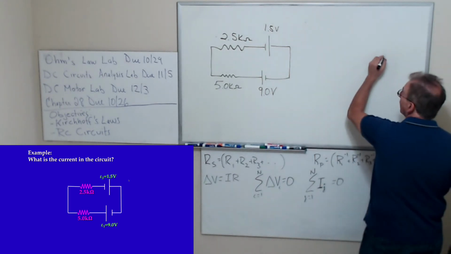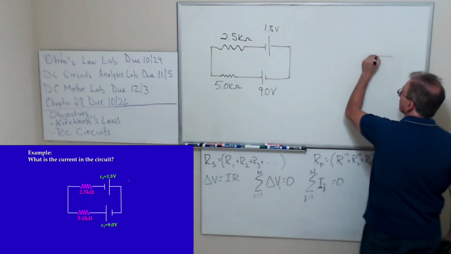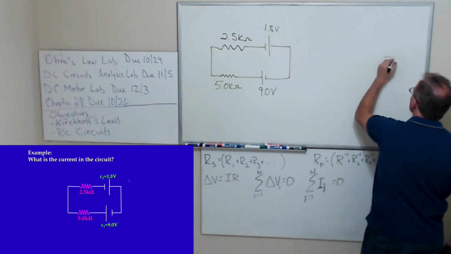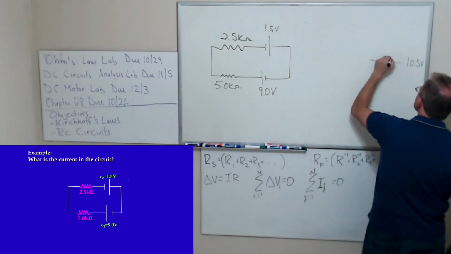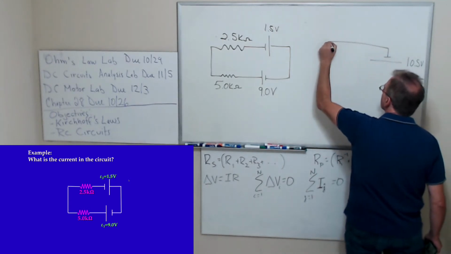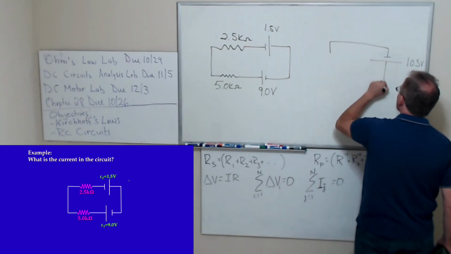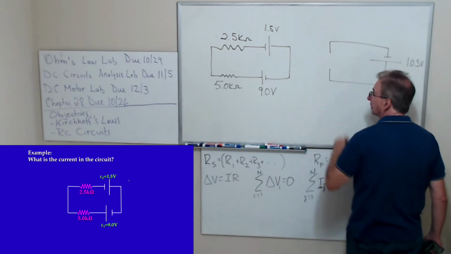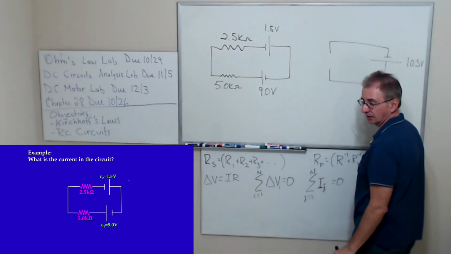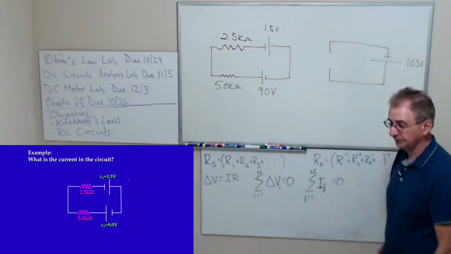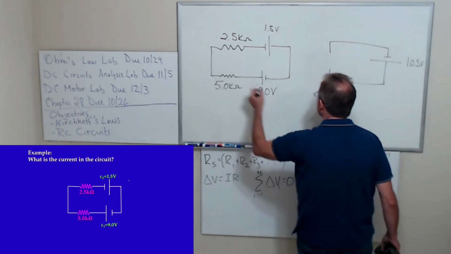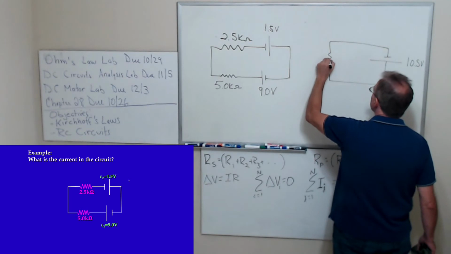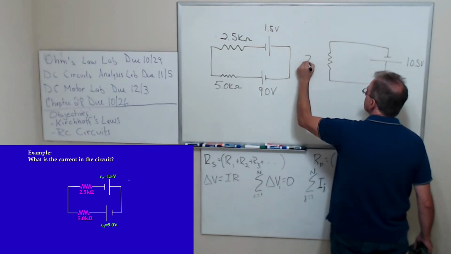Okay, so I'm going to redraw it. And what about the two resistors? How are they connected? Those are also in series, right? So this is really the same thing as a 7.5 kilo ohm resistor.